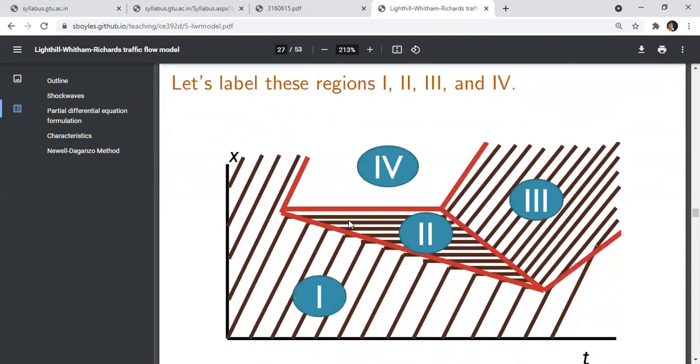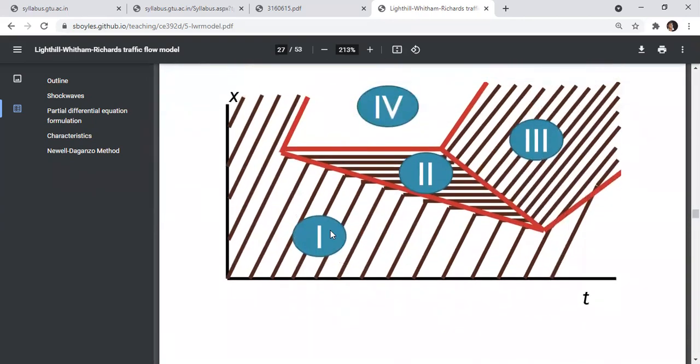Let us label regions 1, 2, 3, 4. This diagram shows region 1, region 2, region 3 and region 4. In region 2, the vehicles are in the resting position, already on the lane or road section.